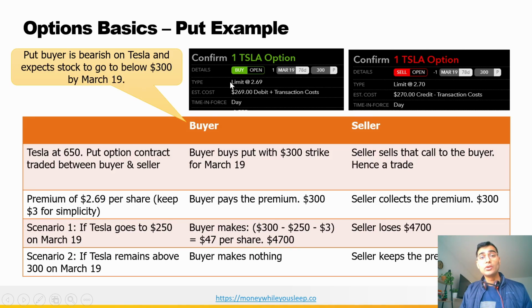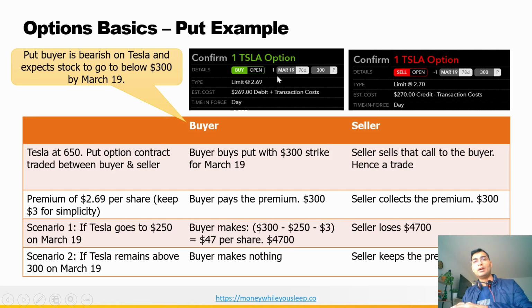So what he is going to do, he will buy a contract, and he will open a contract. He will put a strike price of 300. He will buy a put because he is bearish on Tesla. He is saying, okay, it is going to go below 300. He will open this contract for March 19th, and he will place this contract.